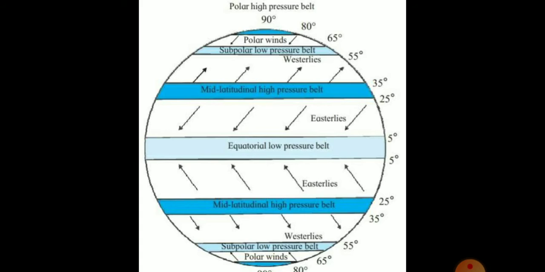This heavier air descends in both the hemispheres. Now, which are the two hemispheres? Northern and southern hemisphere. In the region between 25° to 35° parallel, this leads to the formation of a high pressure belt in this parallel of latitude in both hemispheres. This is dry air, hence the region does not get rainfall.